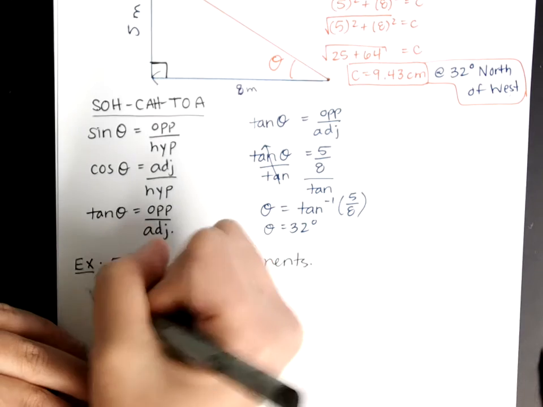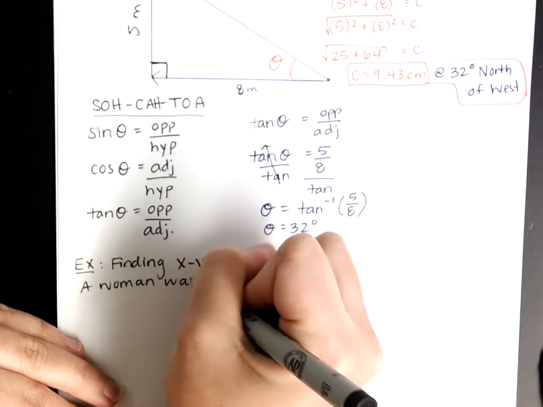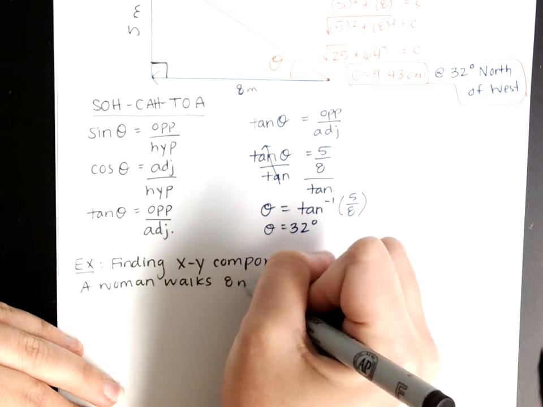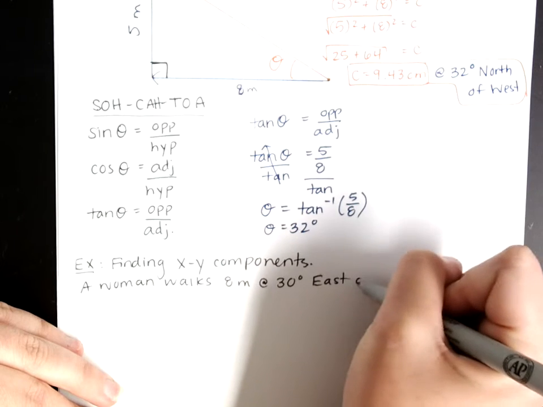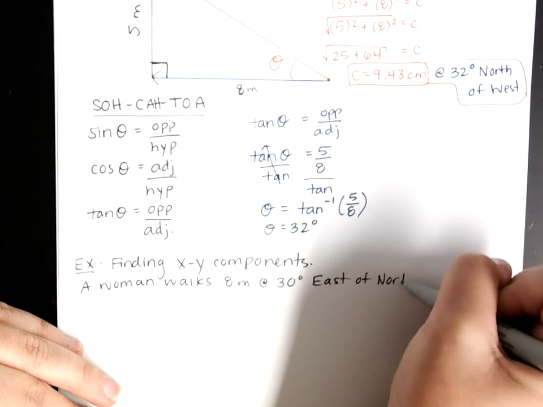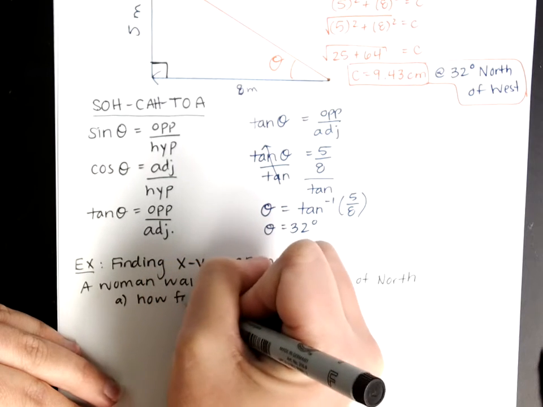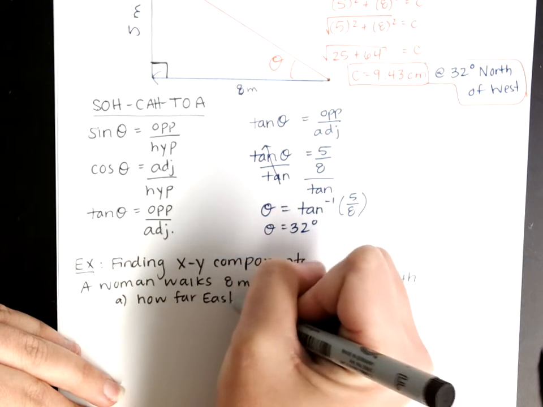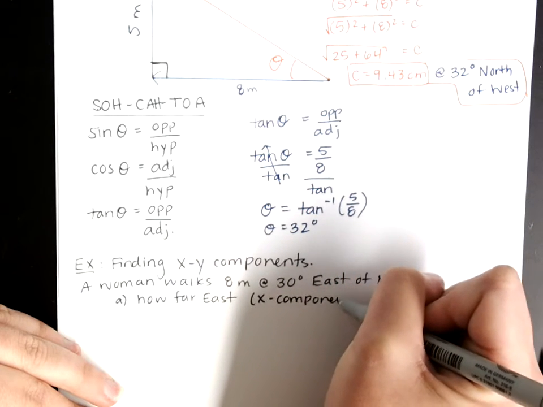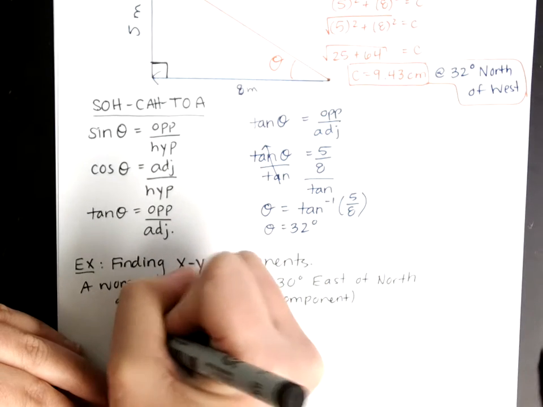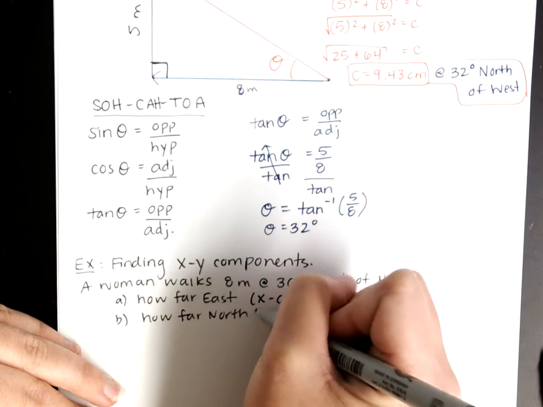Our example is a woman walks 8 meters at 30 degrees east of north. A, how far east? So x component. And B, how far north? Y component.